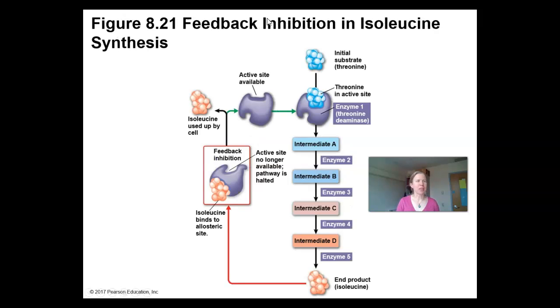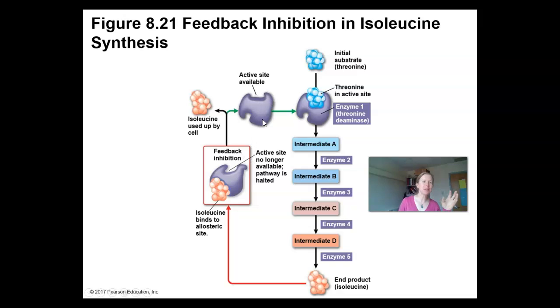Here's a great example. We have our substrate, an enzyme is going to be converting it, and they saved you the trouble: we're going through lots of different intermediate forms, but here's our end product. Notice that when enough of that end product builds up, it binds back to the same enzyme, and now we have changed the shape of the active site.